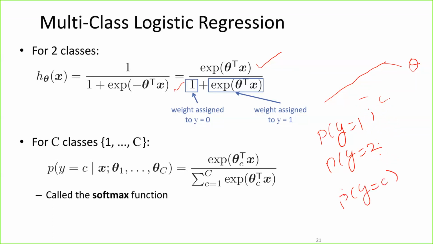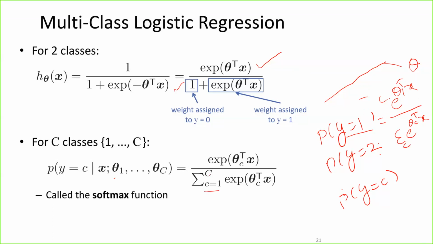If I have to find the probability of y equivalent to 1, in the numerator I should have the weight associated with class 1, which means e to the power theta 1 transpose x, divided by the sum over all the weights, e to the power theta c transpose x, for c equal to 1 to c.